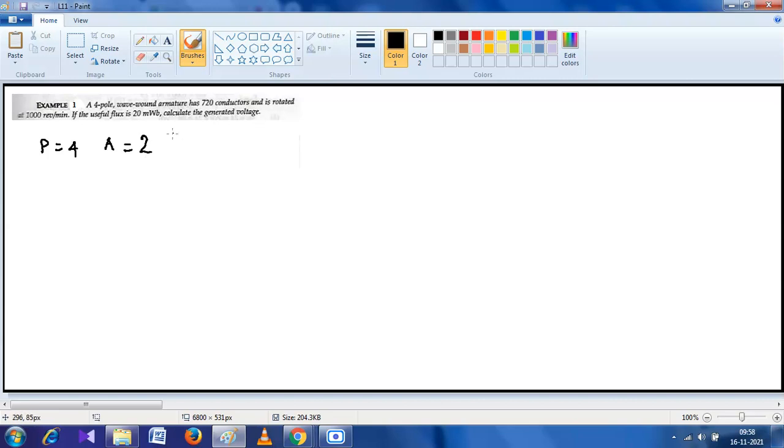Then which quantity is given? Z, the total number of conductors. What is the value of Z? 720. Then it is rotated at 1000 revolutions per minute.